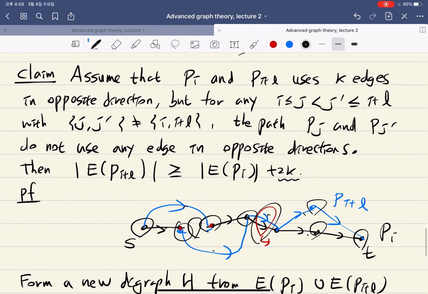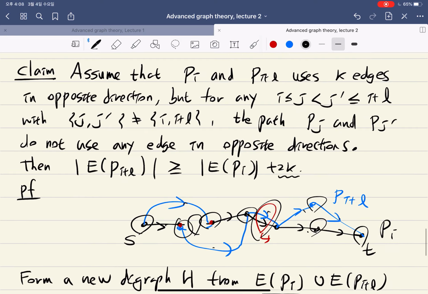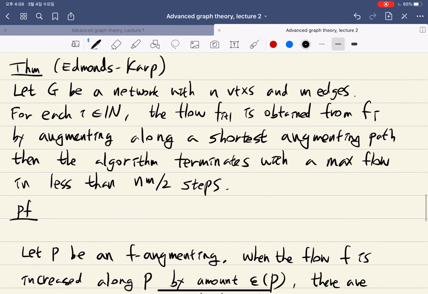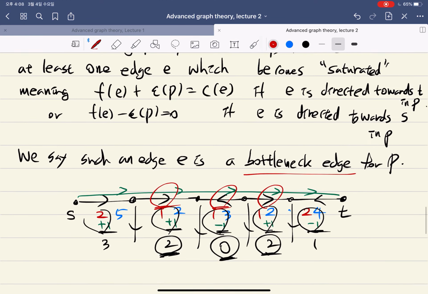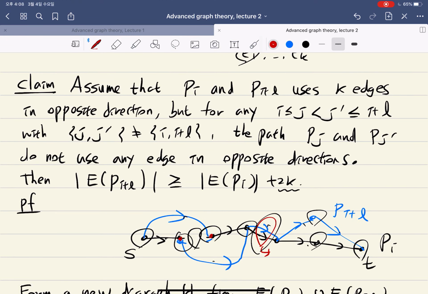In the claim, we assume that for any j prime between i and i plus l, they don't share any edges.